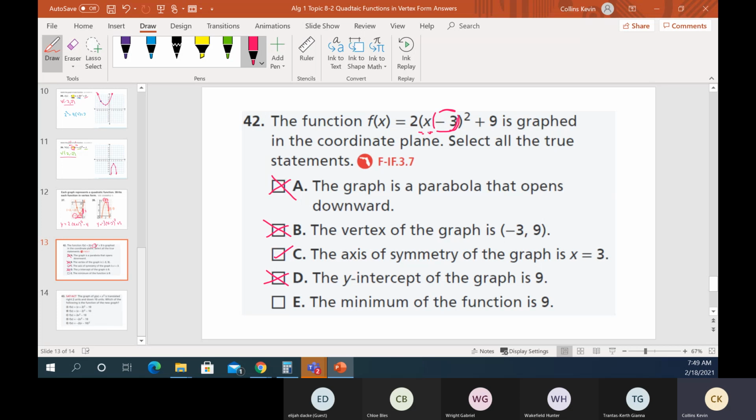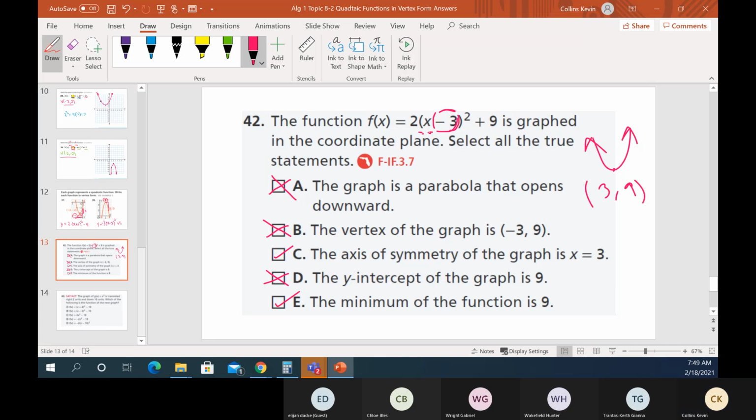And it says the minimum of the function is 9. So again, this guy's going to go up. And we know that our vertex is going to be positive 3, 9. So in terms of y, that is the lowest point on the function. So that guy's good. Check. So C and E work out.